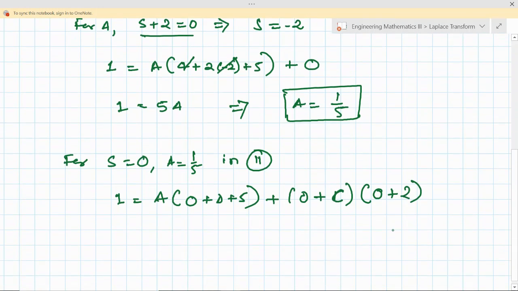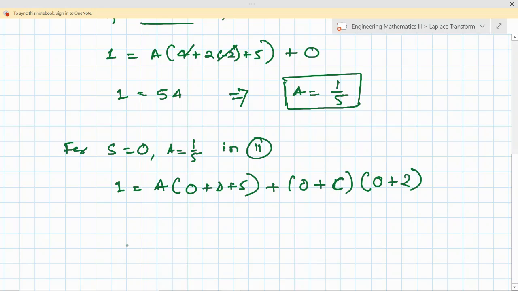Now see, this is nothing but 1 equal to, s is equal to 0, and what I get here, a is nothing but 1 by 5, so this is 1 by 5 into 5, am I right? 1 by 5 into 5 plus 2 into c is there, because a is nothing but 1 by 5, this 5 is there, 5 gets cancelled.